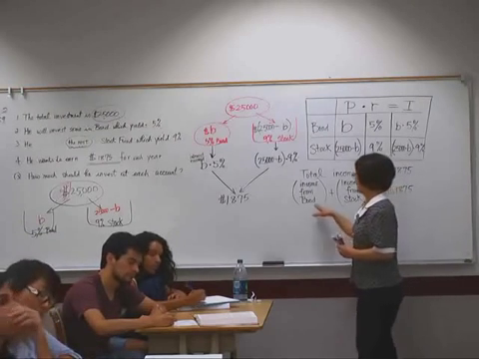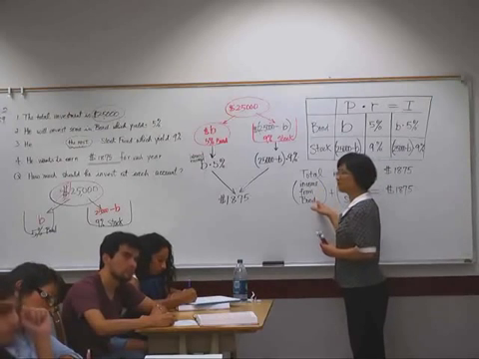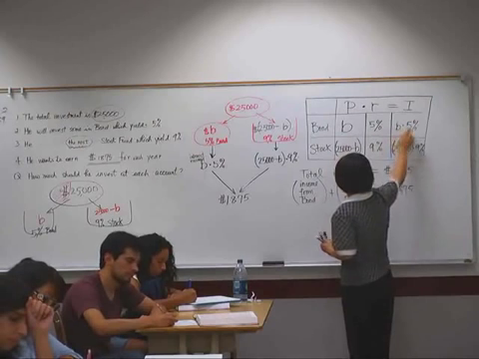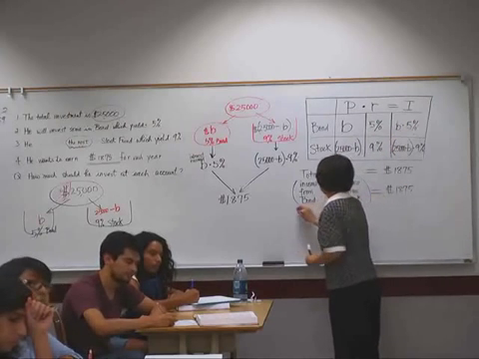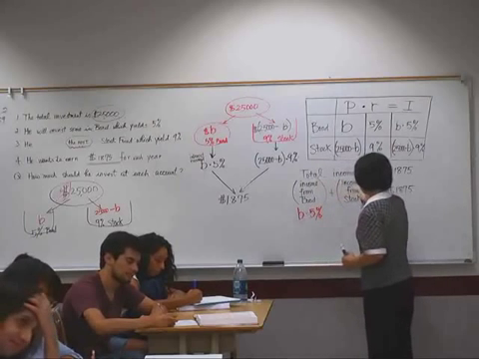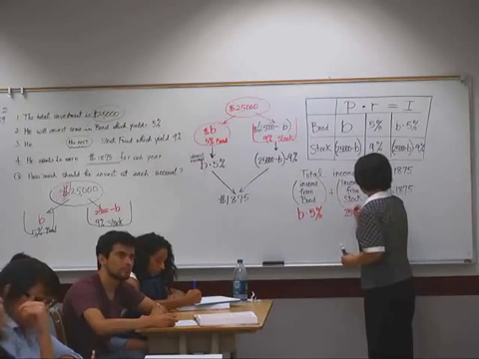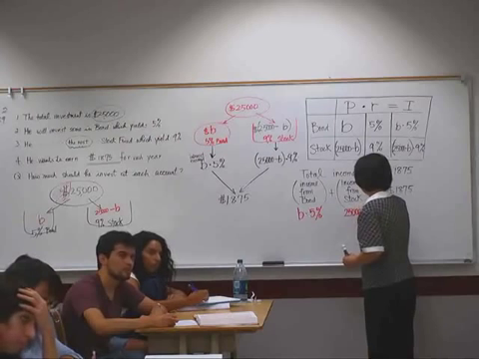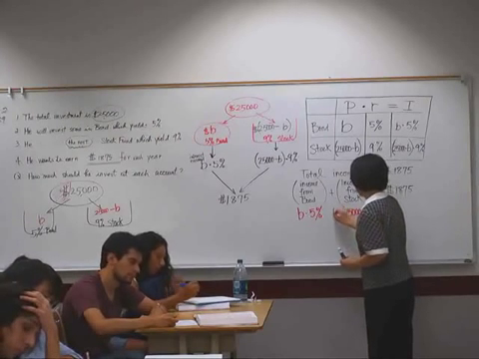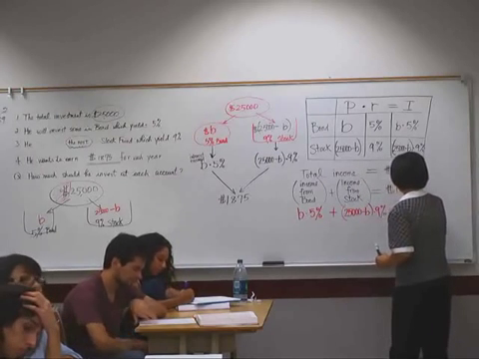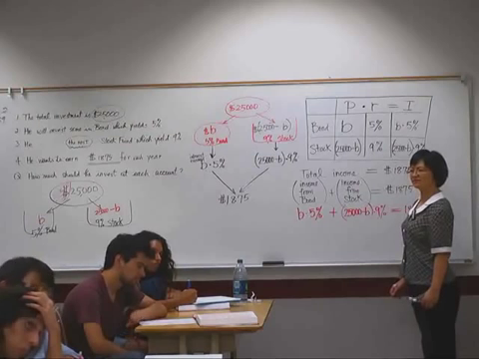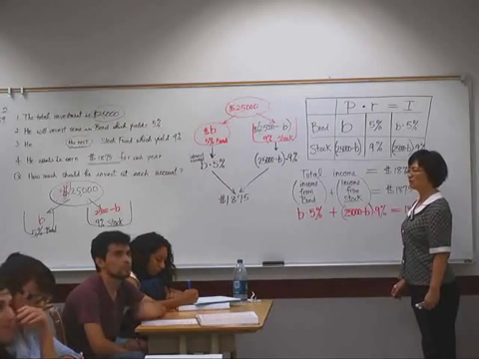What is the income from the bond? It is the bond money times 5%. So B times 5%. What is the income from the stock? It is the stock money times 9%, right? And you add together, should be 1875. Is that right? Yes or no?